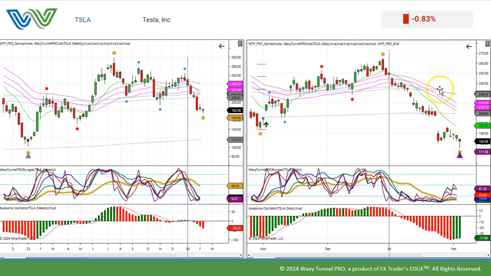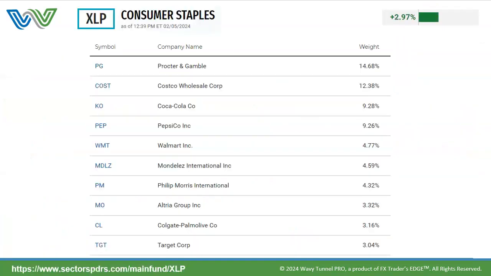When the wave is below the tunnel, it means that the market is moving lower. At some point, Tesla will find a base. I'm not sure when. It could find a base rather soon and then start to trade sideways and then move back up again. But this has definitely pulled the ETF down. Let's move on to the next one.